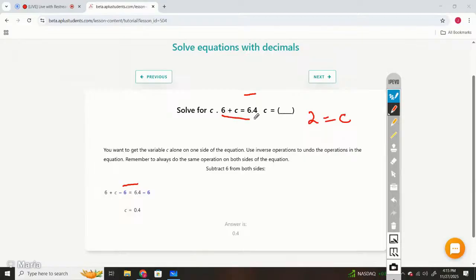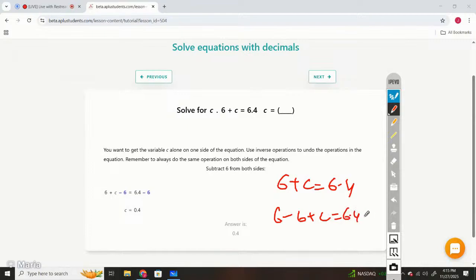6 plus c equals 6.4, right? We need to solve this equation for c. So now we need to isolate the variable c. 6 is added to c, so we need to subtract 6 from both sides, right? 6 minus 6 plus c equals 6.4 minus 6. 6 minus 6 makes 0. We are left with c only.